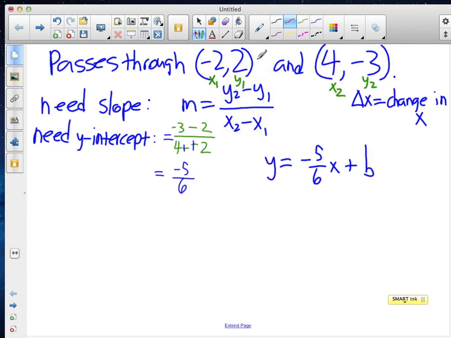When y is 2, times negative 5 over 6. And then x is going to be negative 2. And then we're trying to solve for b.